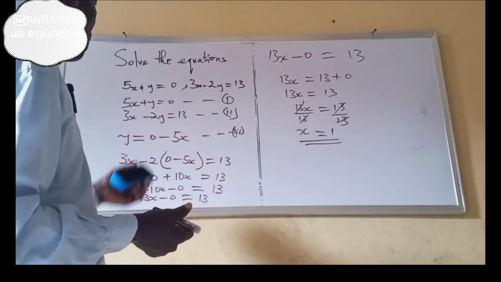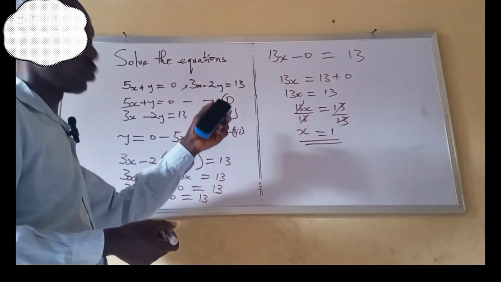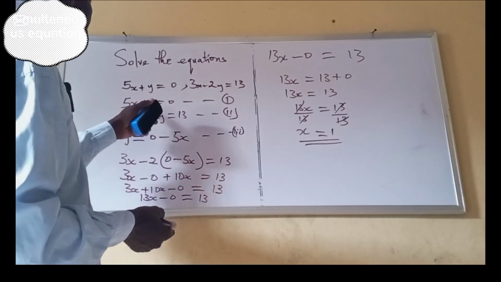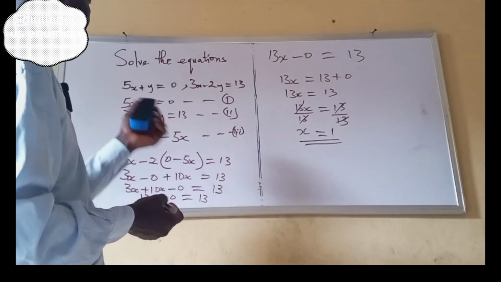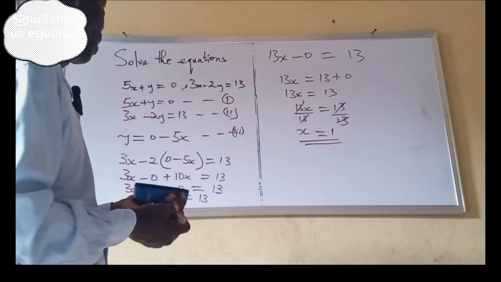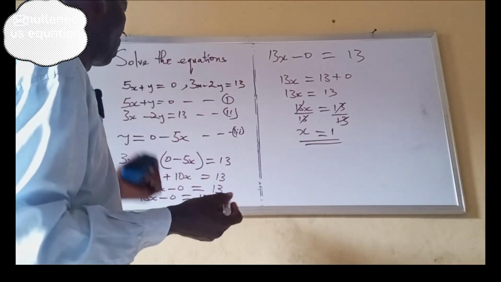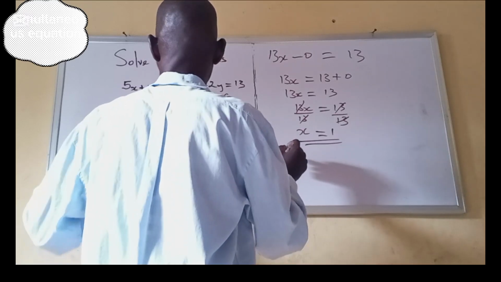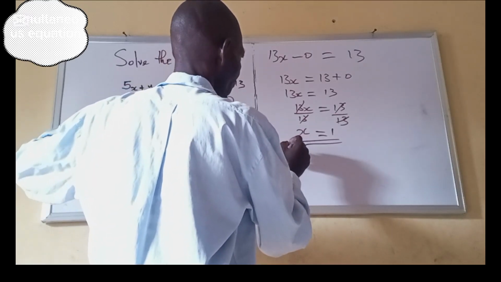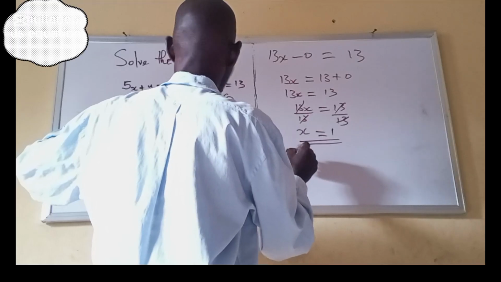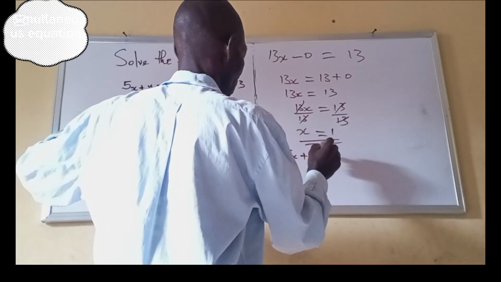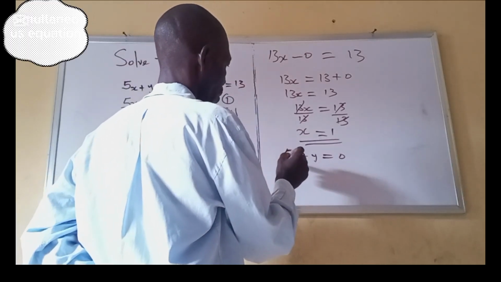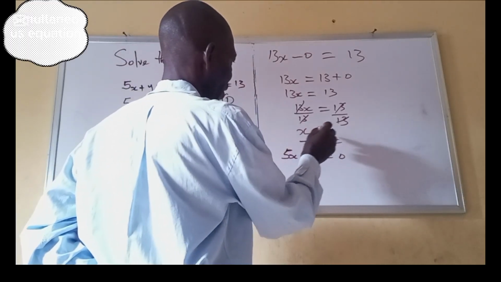You can use any of the equations, either equation 1, equation 2, or equation 3. So let's use equation 1 to get our y. Equation 1 is 5x plus y is equal to 0. So our x is 1.